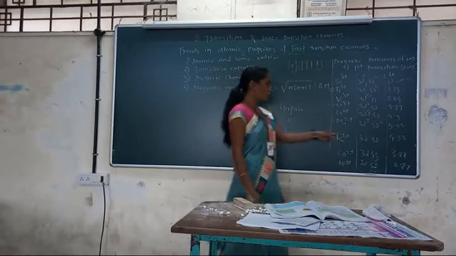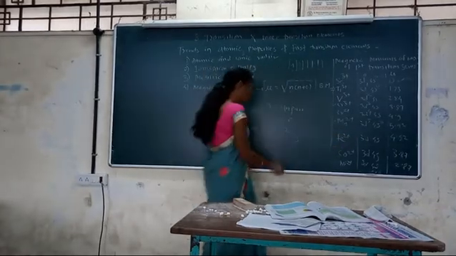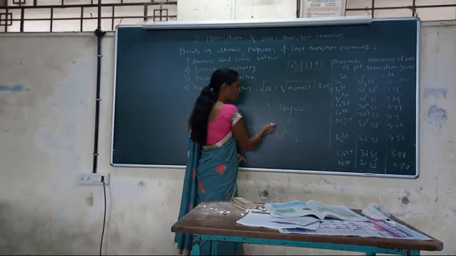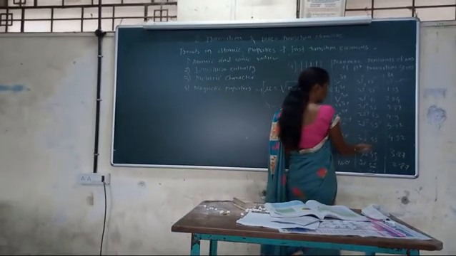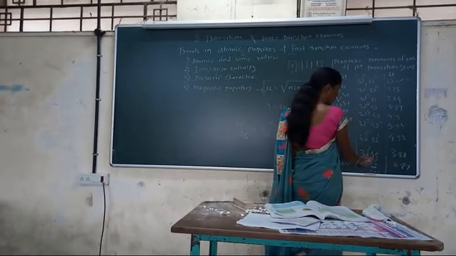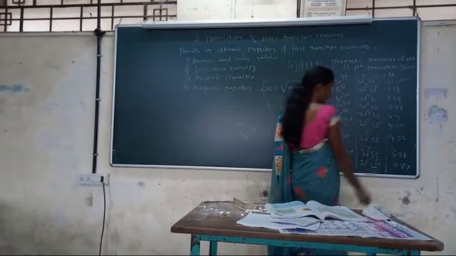Fe 2 plus means it has lost 2 electrons from 4s, giving 3d6 4s0.